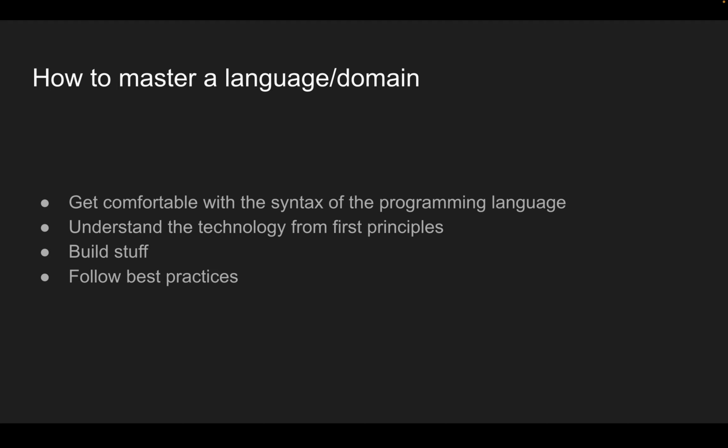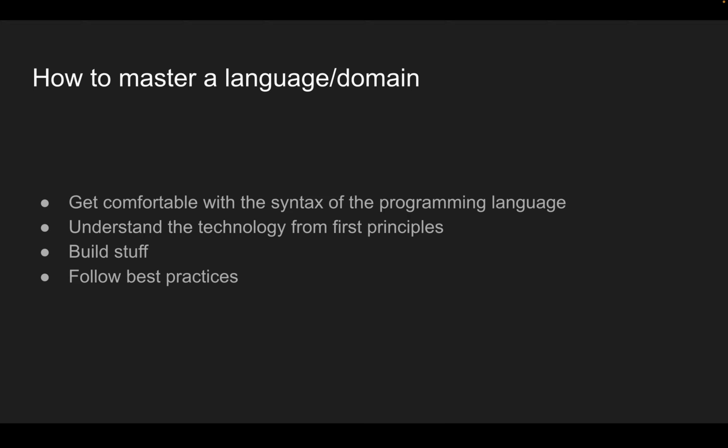The technology could be anything like an AI, LLM, or in this case, the Ethereum network. Getting comfortable with the language is important because that's how you're going to communicate to the technology what you want it to do for you.